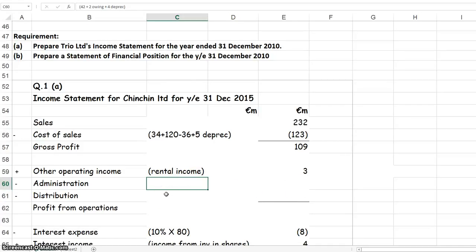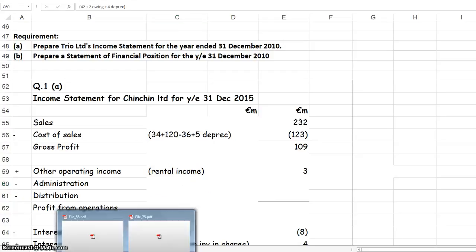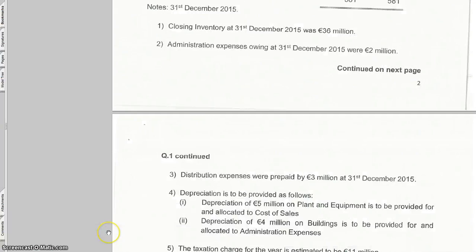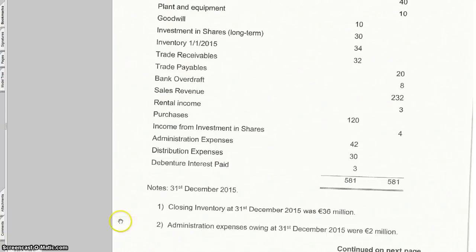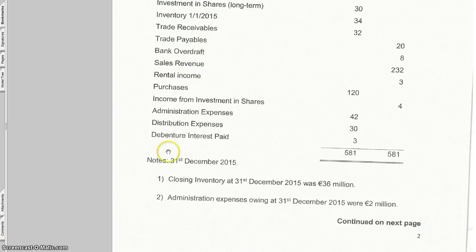The first thing to do is look at administration, and here's our expense, and it's going to get adjusted for a couple of different things. Admin expenses are 42. Then in the note it tells us that there were expenses owing of 2, so 42 goes up by 2.